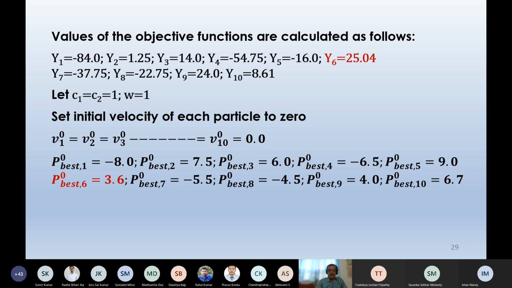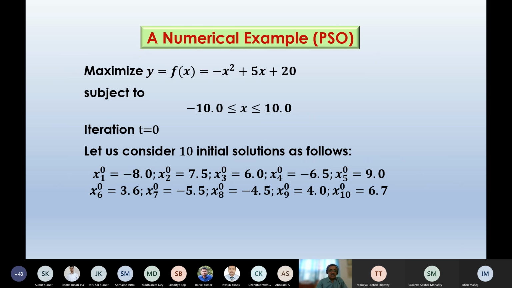In this population, in this iteration, the best solution is y6. Are you getting my point? We'll have to find its corresponding x. That means x6, 0, 3.6 will have to be marked, because this corresponds to the maximum value of y.